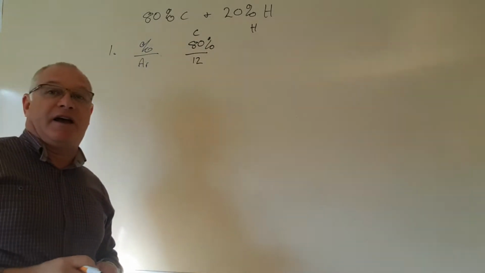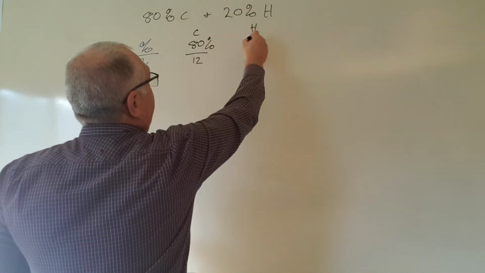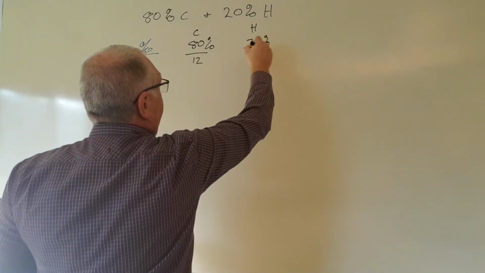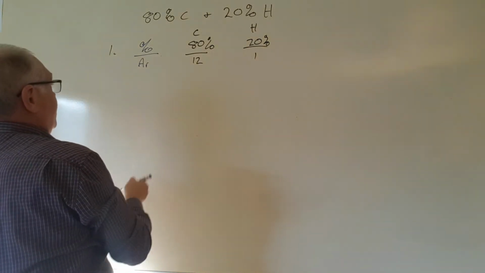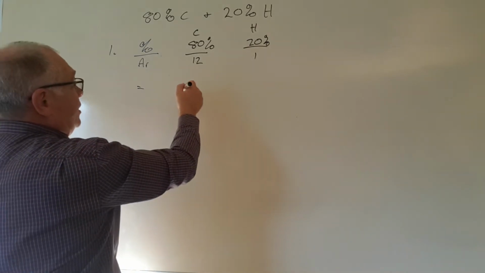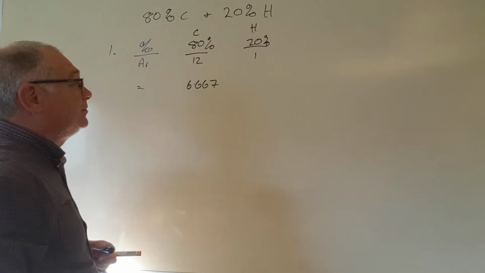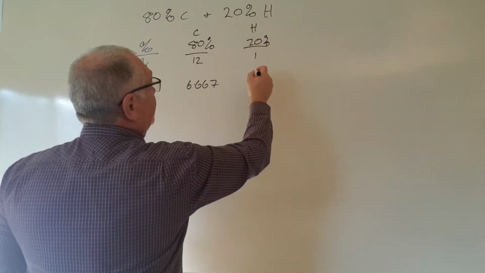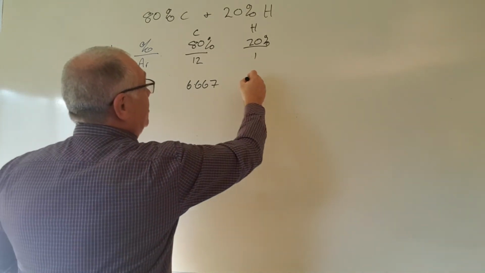From our periodic table we can find that the atomic mass of carbon is 12 and the atomic mass of hydrogen is 1. We then calculate the product. So 80 over 12 is 6.667, and 20 over 1 is 20.